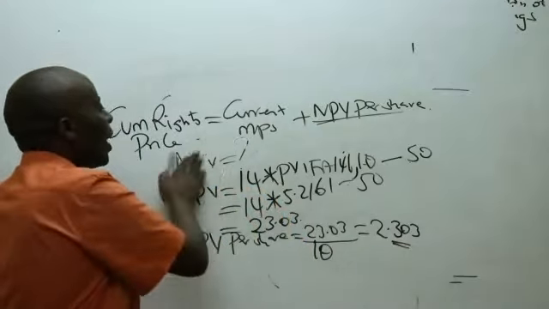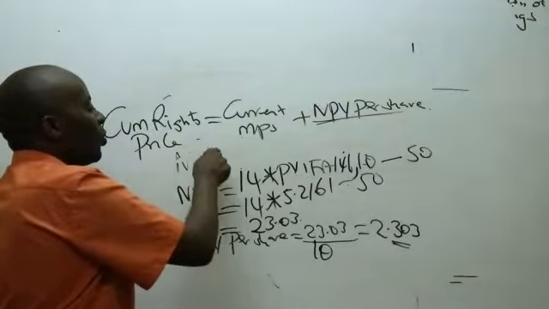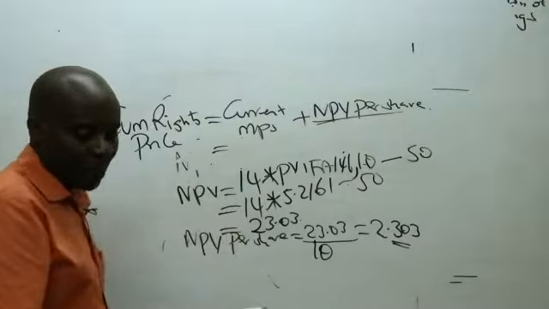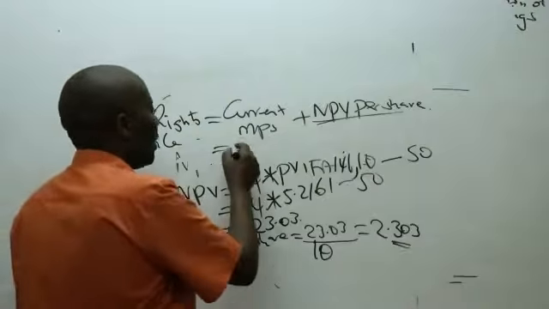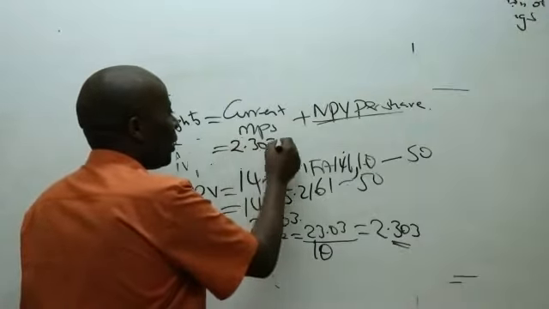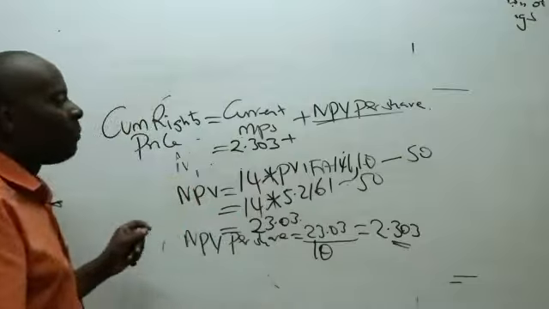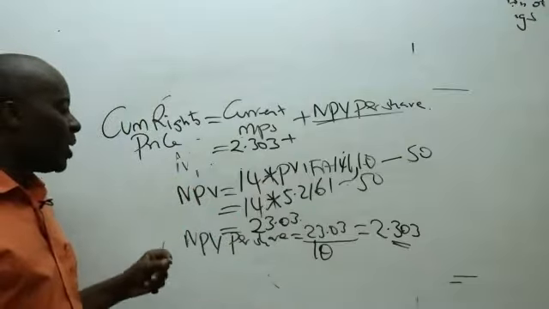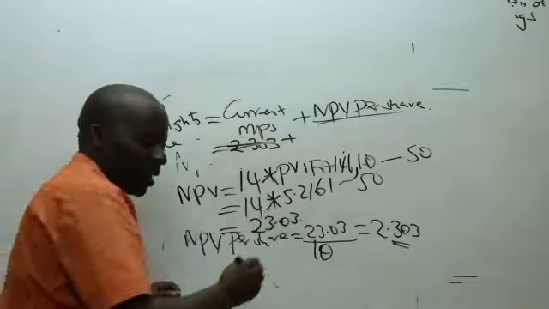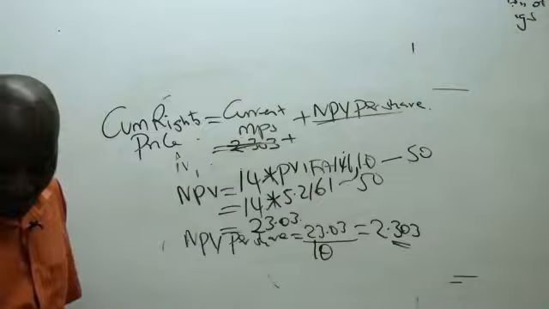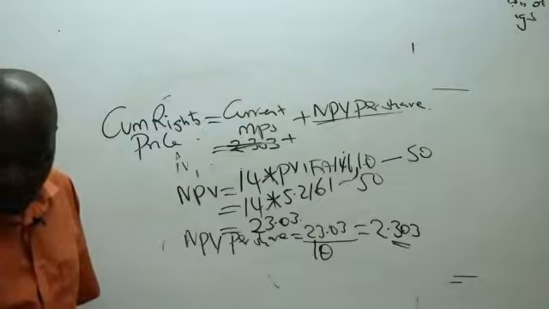So my come right price will be equal to the current MPS plus NPV per share. No, the current MPS is not this one. The current MPS has been given in the question.